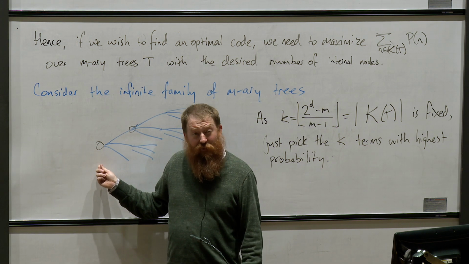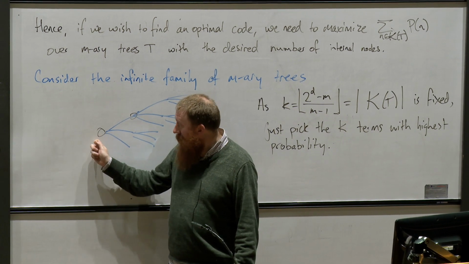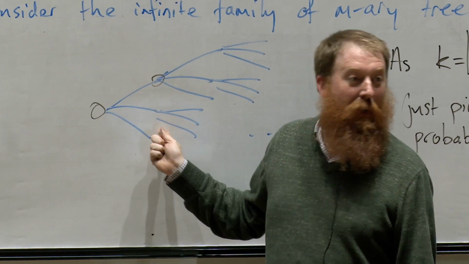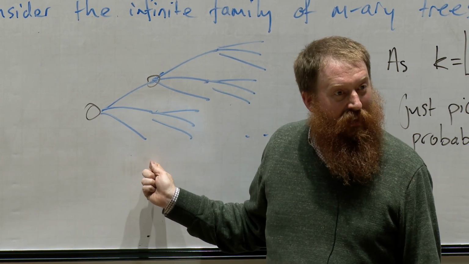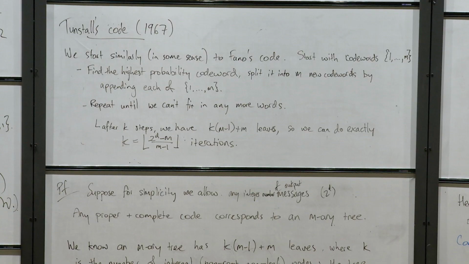Suppose it's this one. And what am I doing when I try and find the maximum elements? I'm precisely following Tunstall's algorithm. If I pick out the biggest one, then the next biggest one, then the next biggest one, that precisely follows Tunstall's algorithm because probability always decreases.